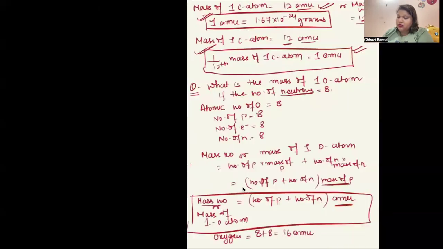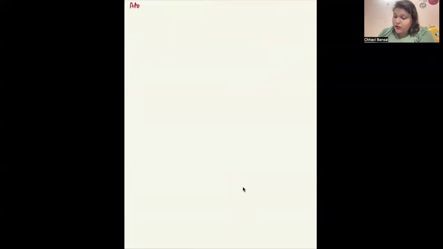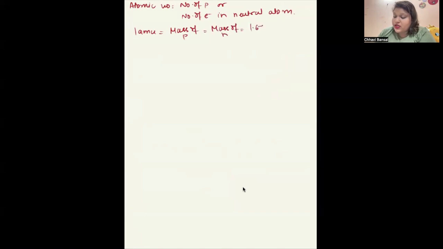So what we have derived so far, the formulas that we have learned so far, let's have a quick revision here. First is atomic number, which is equal to number of protons or number of electrons in neutral atom, right? Then we understood 1 AMU, which is equal to mass of proton equals to mass of neutron which is equal to 1.67 into 10 raised to power minus 24 grams, right?